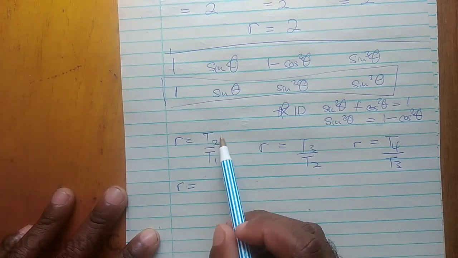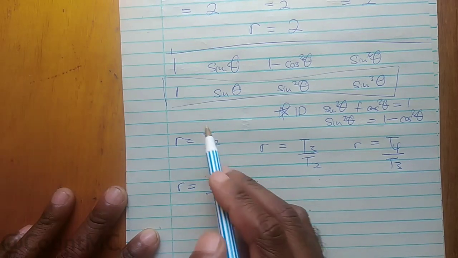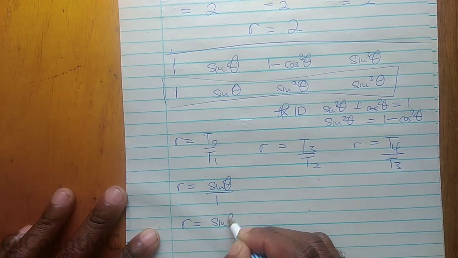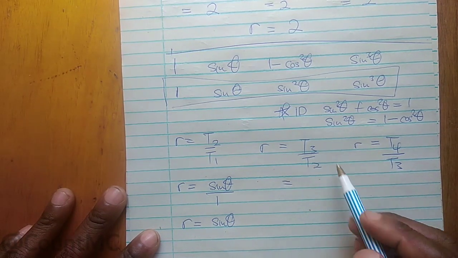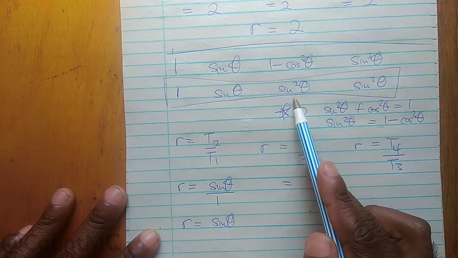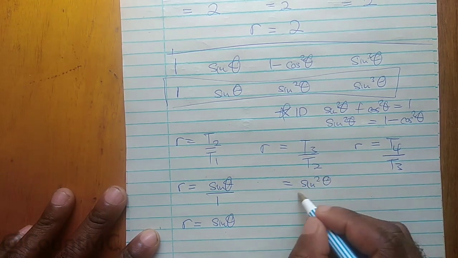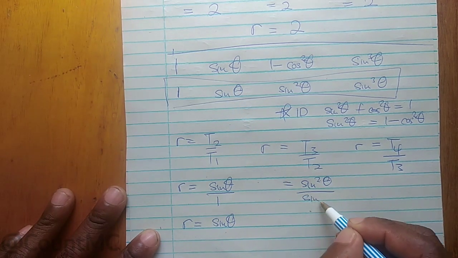Let us check. R equals term 2, which is sine theta, divided by term 1, which is 1. So this is just sine theta. Okay, let's do this one. R equals term 3, which is sine squared theta, divided by sine theta.